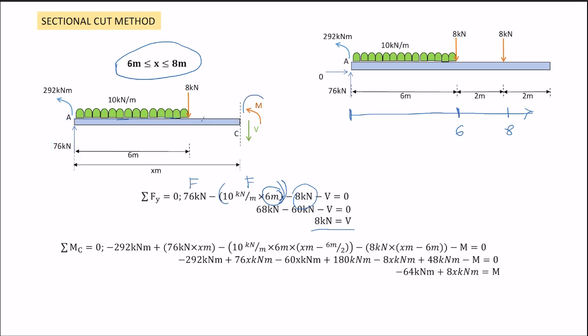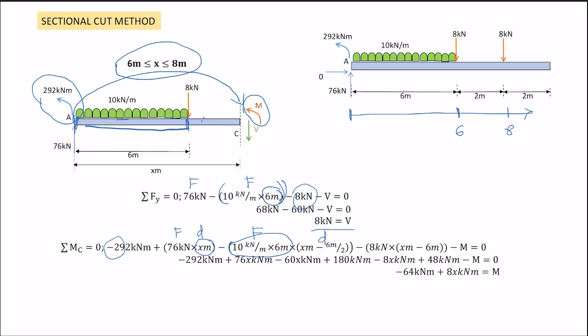Next, kita akan cari the reaction dekat M pula. By taking moment dekat C, we have one moment here, which is the reaction daripada fixed support tu. Counterclockwise, negative 292. We have the RAY going to C. You have to times with the distance, force darab distance. You have UDL, which is 10 kilonewton per meter, and the length of beam yang kena UDL tu adalah 6 meter.